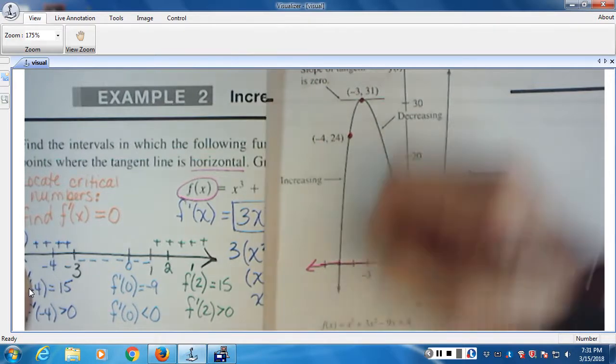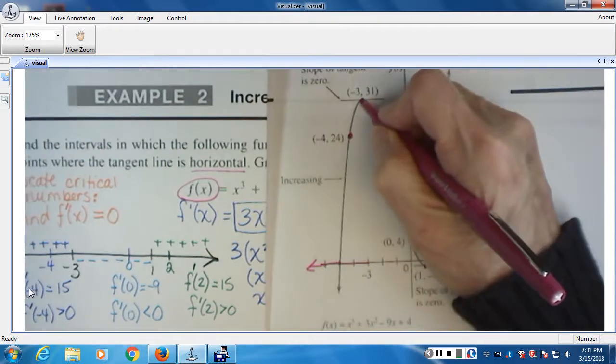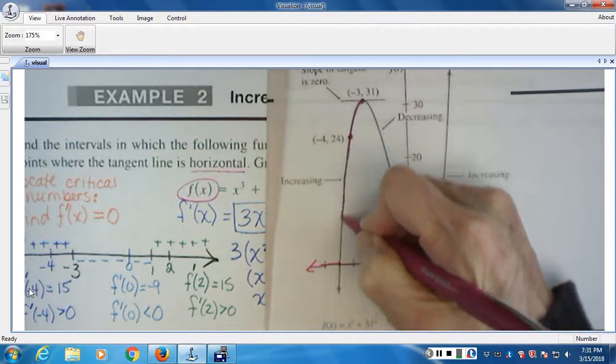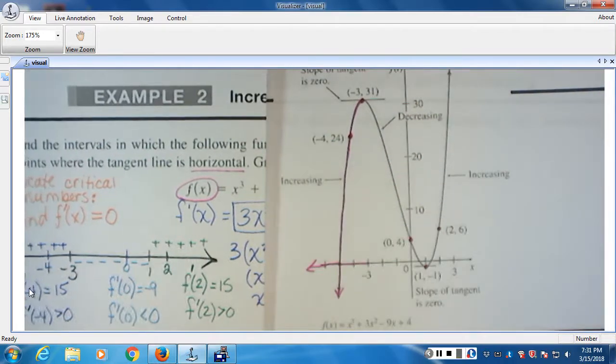It was going uphill. So I'm actually going to start at 3 just because it's easier to draw. I'm going to draw backwards, but I make my function increasing. Okay? So it's increasing there.